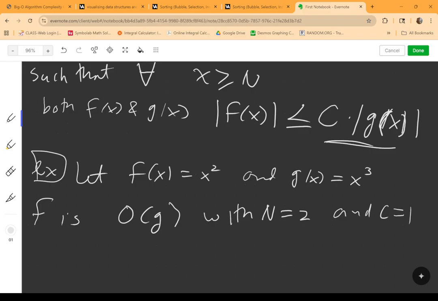So after 2, when x is 2 here, then the value of x cubed will be larger. It doesn't start out that way, but remember, in the short term, it does not matter. We just care about the long run.